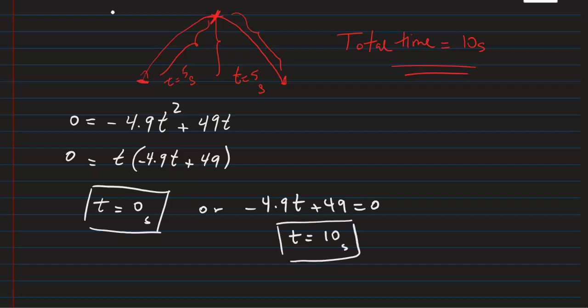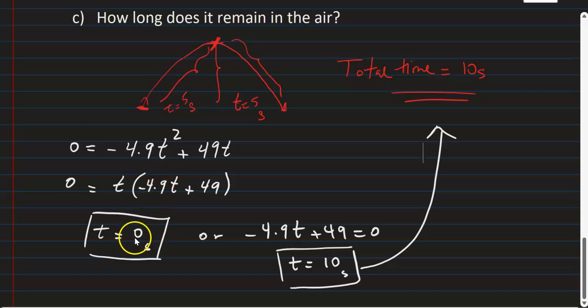This is the algebraic way of doing it, and it matches what we talked about. So it's either 0 seconds or 10 seconds, and we take the 10 seconds because that is the total path traveled, and it took 10 seconds to completely cover that path.